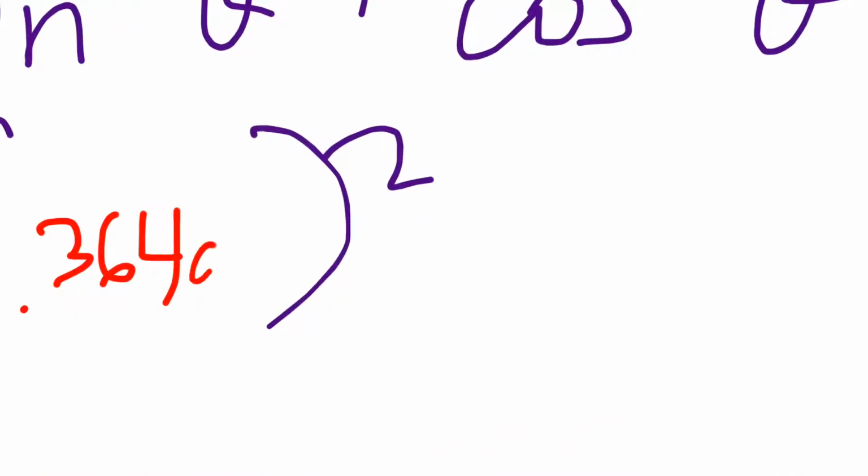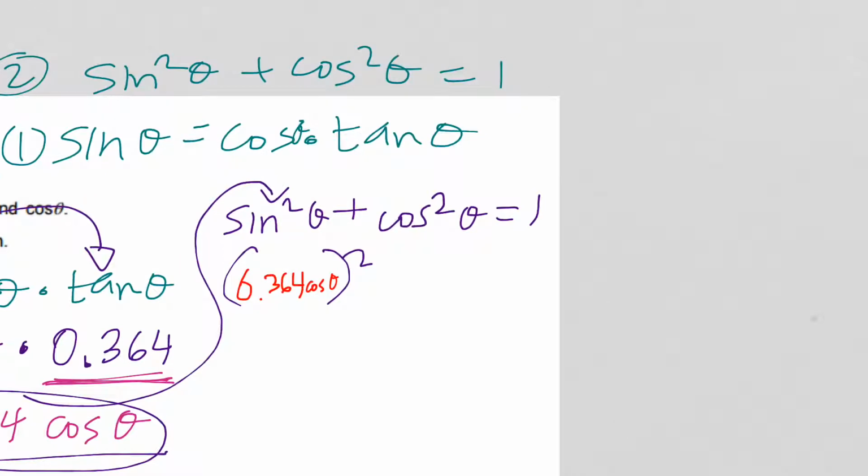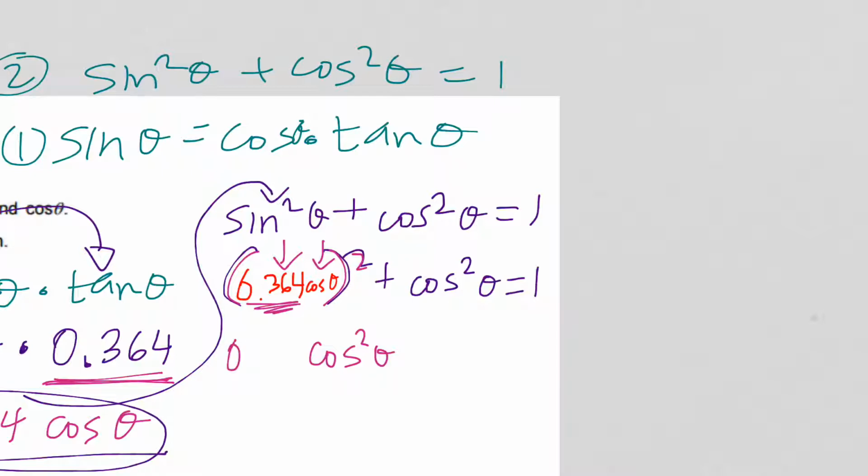Bring down plus cosine squared theta is equal to 1. 0.364 cosine theta quantity squared just means you have to square both of these. So cosine has to be squared, but 0.364 squared means 0.364 times 0.364. If you square it, you end up getting 0.132. Now I'm going to write the rest of it. Plus cosine squared theta equal to 1.